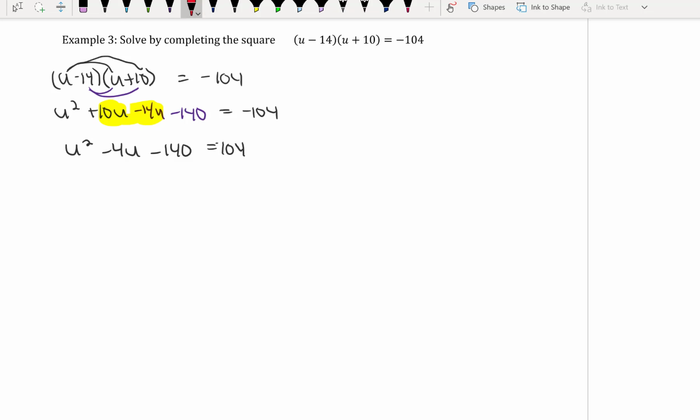So to get this equal to 0, I'm going to add 104 to both sides. So that u squared minus 4u and a negative 140 plus 104 is equal to a negative 36.